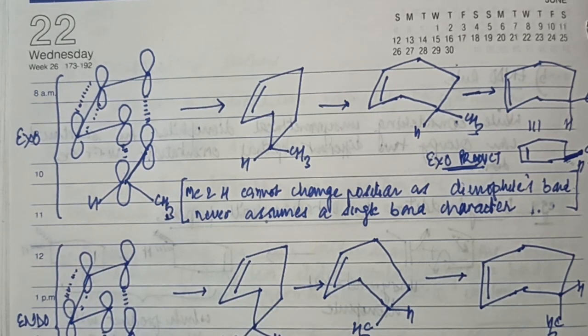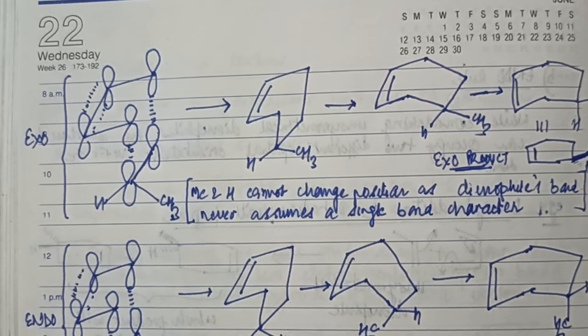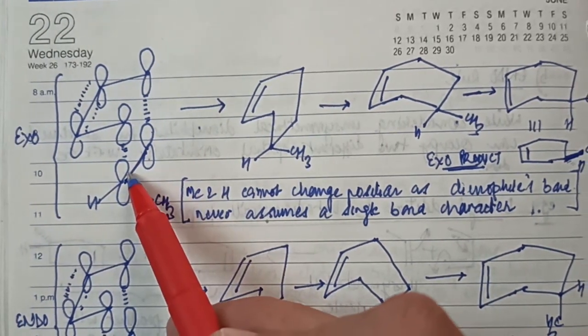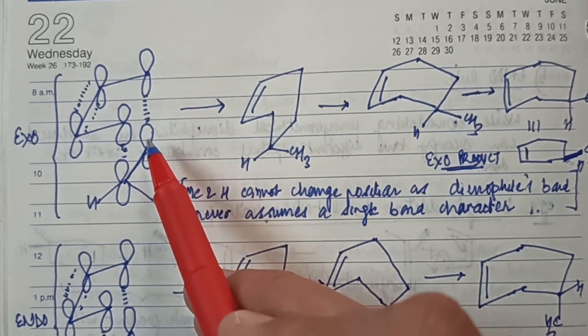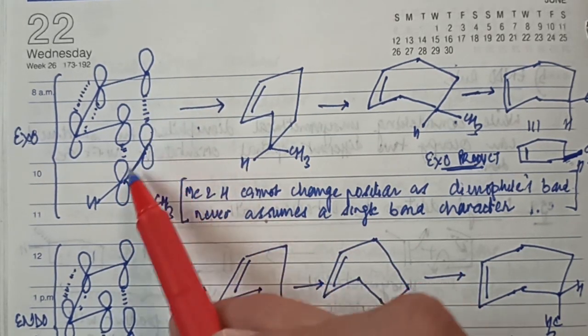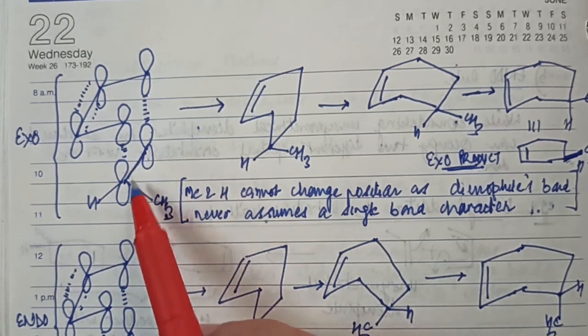So it cannot rotate. And even during the course of a pericyclic reaction, as we know, pericyclic reactions are concerted. Therefore, when this bond is breaking, simultaneously this and this bond are forming. Again this bond cannot assume a single bond character, and since it cannot, it cannot rotate.